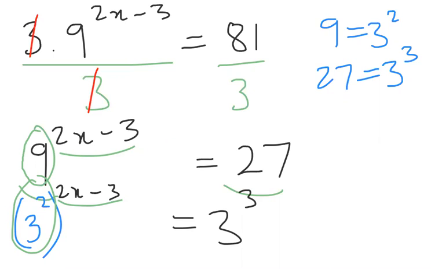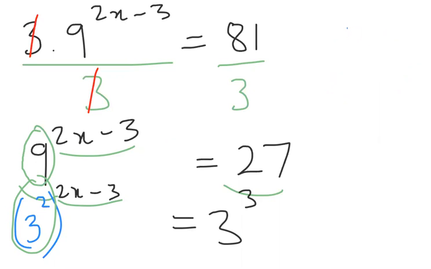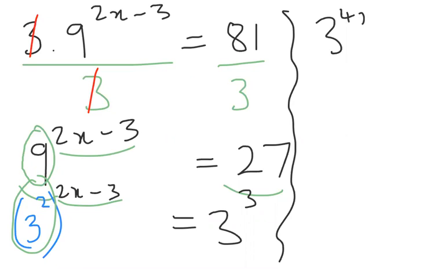So now, let's just simplify the left-hand side a little. So that's going to be 3 and 2 times 2x. So that's 4x. And then the 2 times minus 3, that's minus 6.